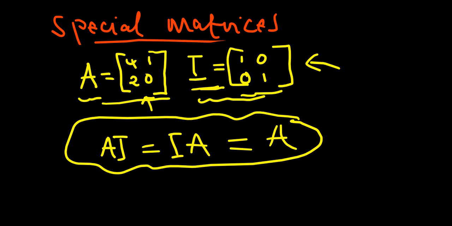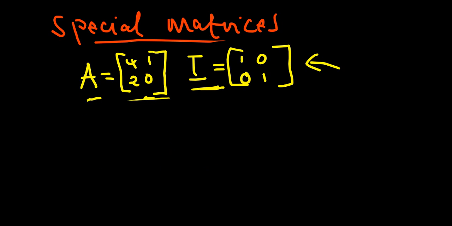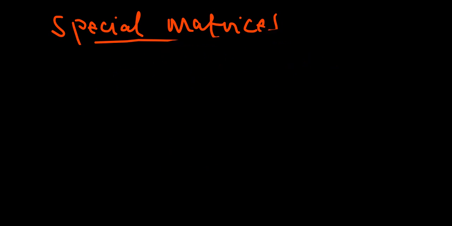So this identity is just a 1 of the matrices. All right, so let's now talk about the inverse matrix after talking about the identity. So what is the inverse matrix here?